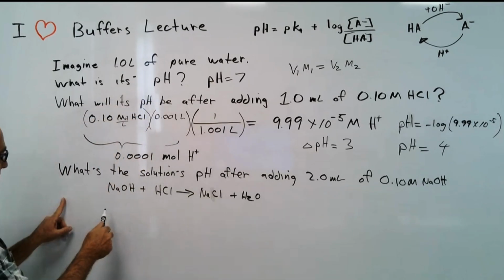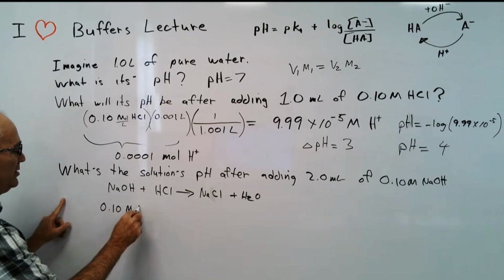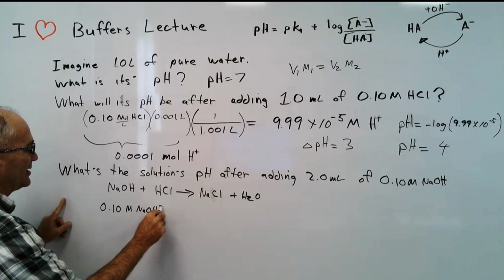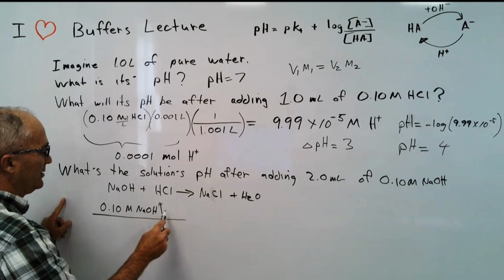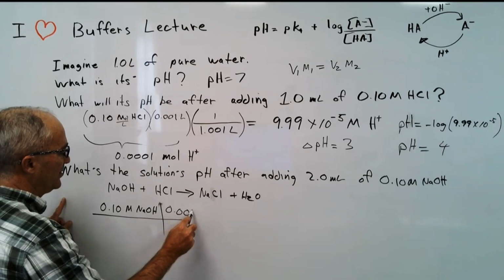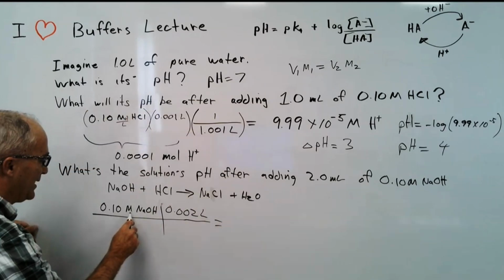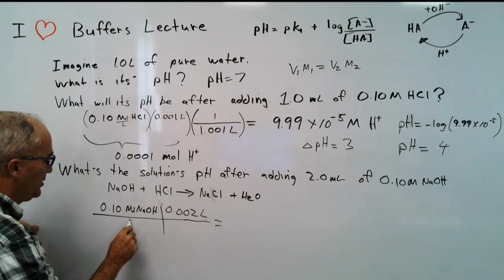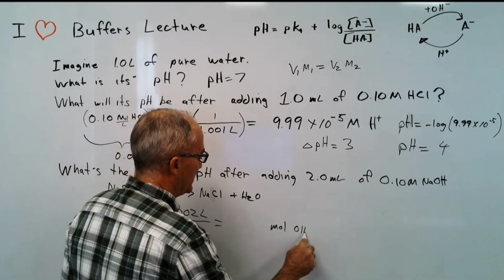So I'm going to start out the same way here. I got 0.1 molar sodium hydroxide, and I could just put hydroxide, and then how many liters? 0.002 liters, and I'm just going to realize uppercase M is moles per liter, so I'm going to find moles hydroxide.